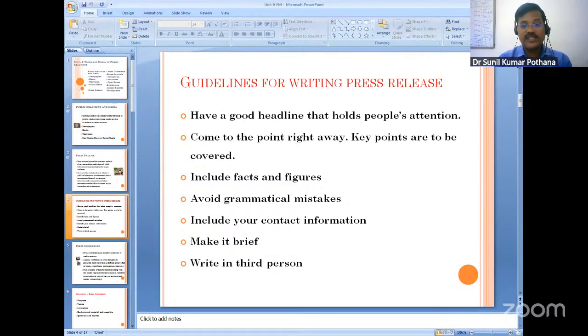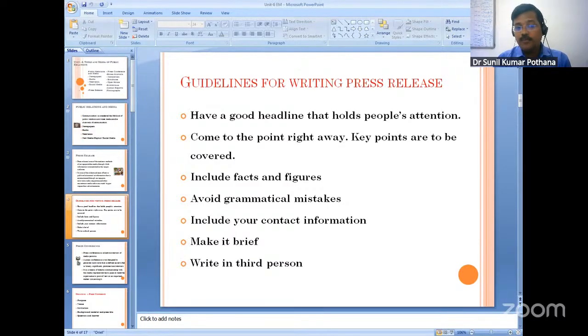But a press release is meant for the press, meaning television, radio, print, whatever the media. If you have included your phone number in the press release and they have any doubt, they may contact the public relations officer for clarification.